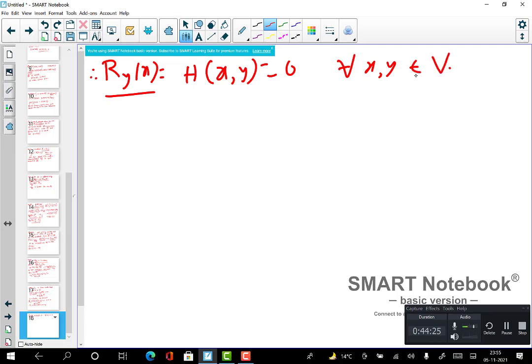So what do we want to prove? Given a bilinear form H, if it is in the kernel of the map psi, that means its matrix representation is the 0 matrix, then both L_X and R_Y can be defined in such a way that they are 0, and hence H of X, Y equals 0 for all X and Y. That means H must be identically 0, so this is the 0 bilinear form.